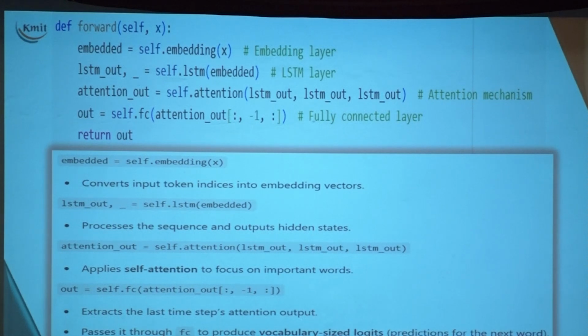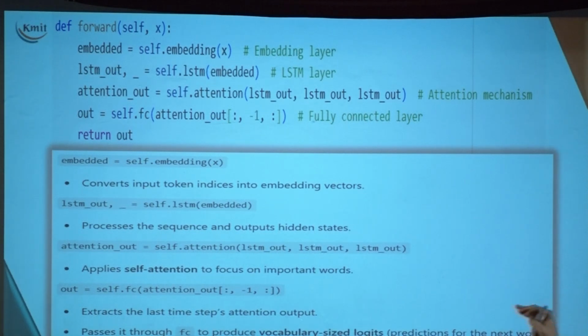Obviously, output of LSTMs are nothing but the hidden states. Once you get that, you take those hidden states and pass them through the attention mechanism. So that's the process: embedding, LSTM, attention.